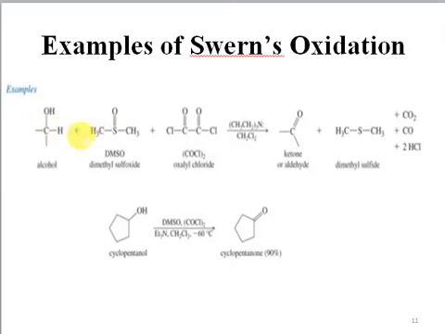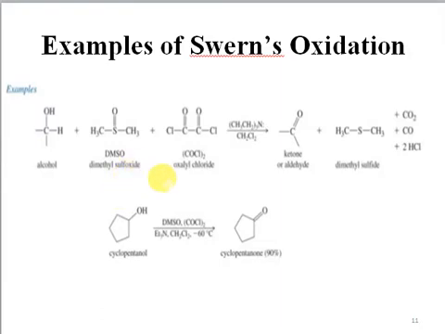So this is dimethyl sulfoxide, DMSO, and this is the second reagent, which is oxalyl chloride, and here we have a tertiary base, which is triethylamine, and the solvent we normally use is dichloromethane, because all of these reagents are very, very soluble in dichloromethane. So ultimately we will get a ketone from the secondary alcohol. Also we will get dimethyl sulfide, carbon monoxide, carbon dioxide, and 2 molecules of HCl as part of this reaction, right?